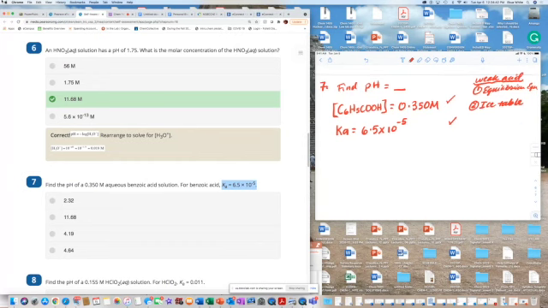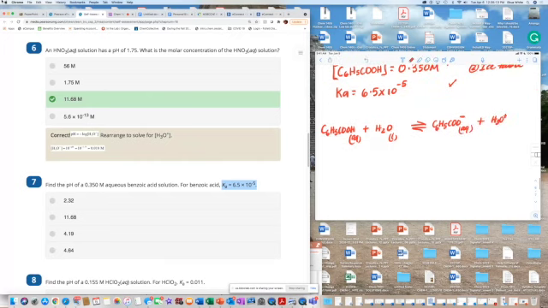Okay, so for this part, I'm going to write my acid as C6H5COOH. This would be my acid. I'm starting with this, plus water. I'm writing my equilibrium to give me C6H5COO minus, aqueous, plus H3O plus.